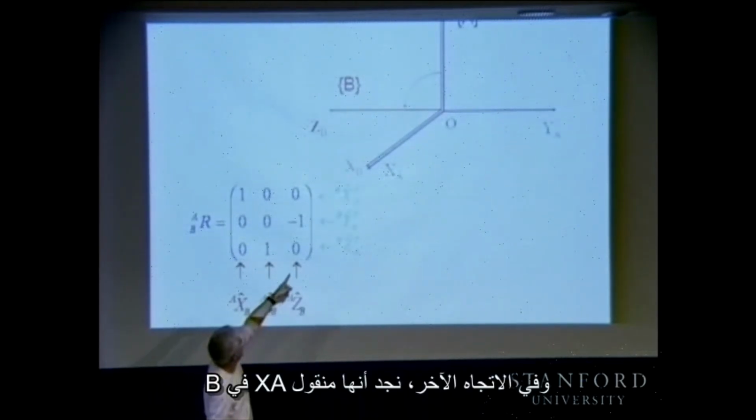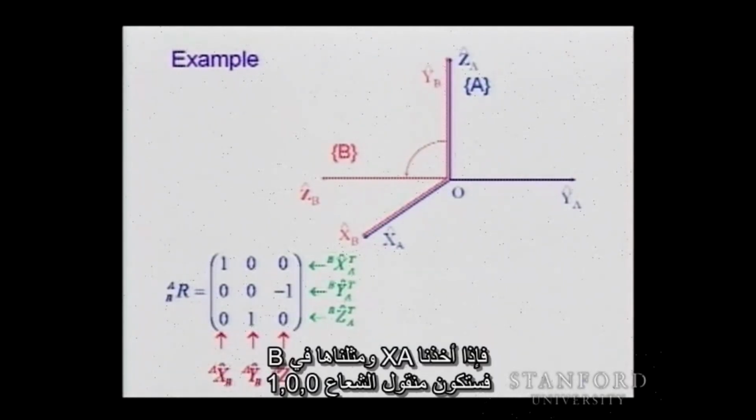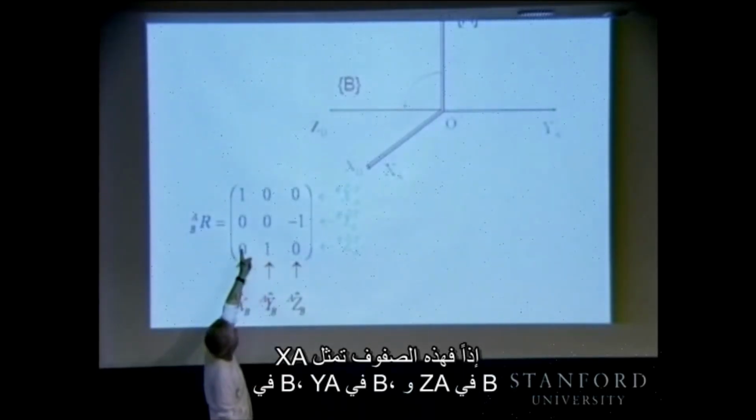And in the other direction, if you look, it is XA transpose in B. So if you take XA and express it in B, it's going to be 1, 0, 0 transpose. So these rows represent XA in B, YA in B, and ZA in B.